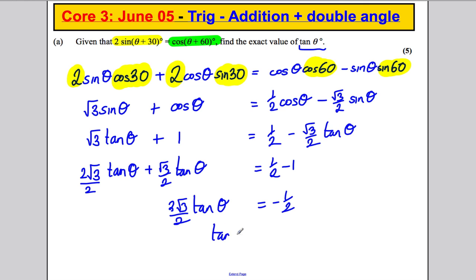And therefore dividing by 3 root 3 over 2 is the same as multiplying this side here by 2 over 3 root 3. And the 2's would cancel. And I get that tan theta is equal to negative 1 over 3 root 3. And I'd be done.